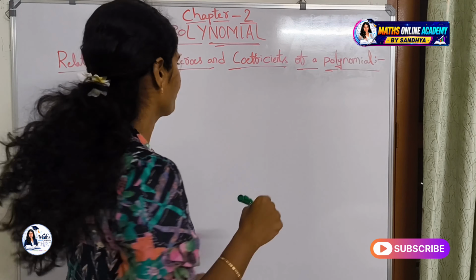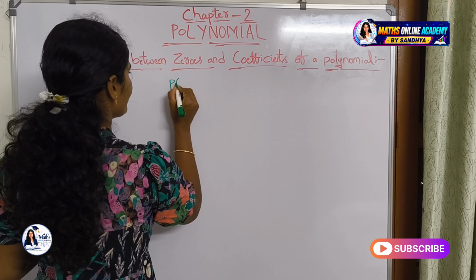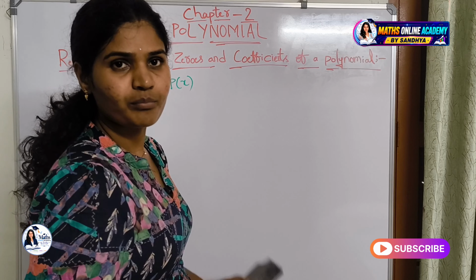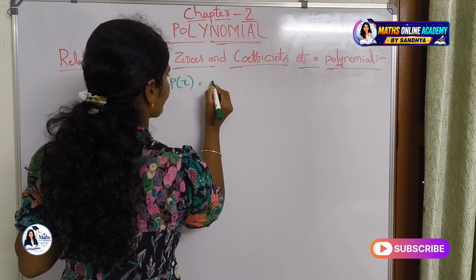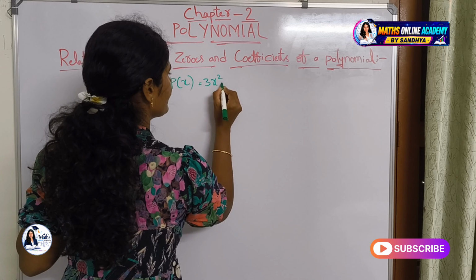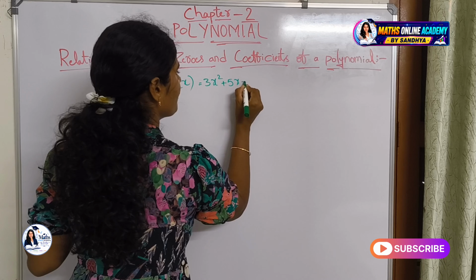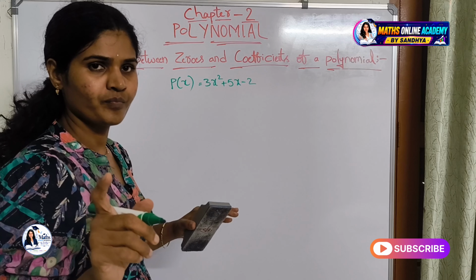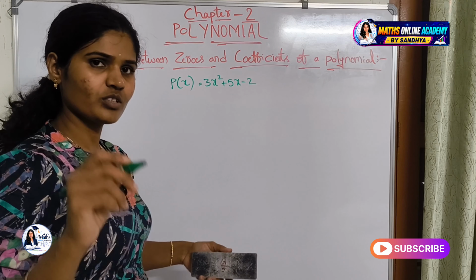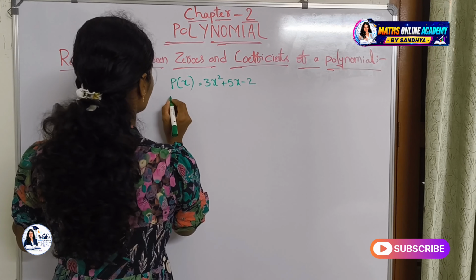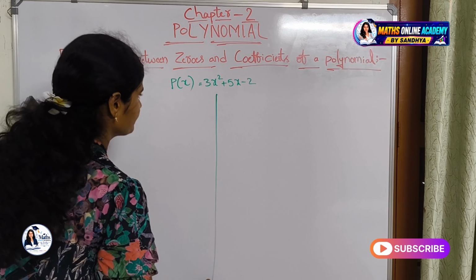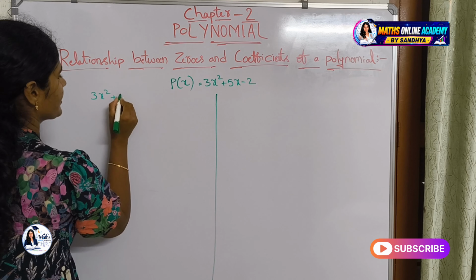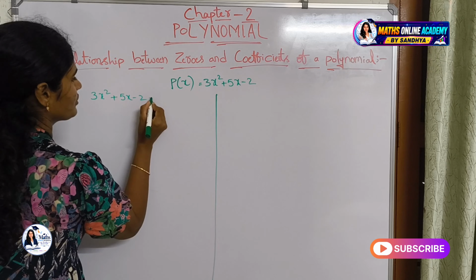Let's take one more example. The polynomial equation p of x equal to 3x square plus 5x minus 2. This has zeros. Zeros means that the polynomial is equal to 0. So, see, 3x square plus 5x minus 2 equal to 0.